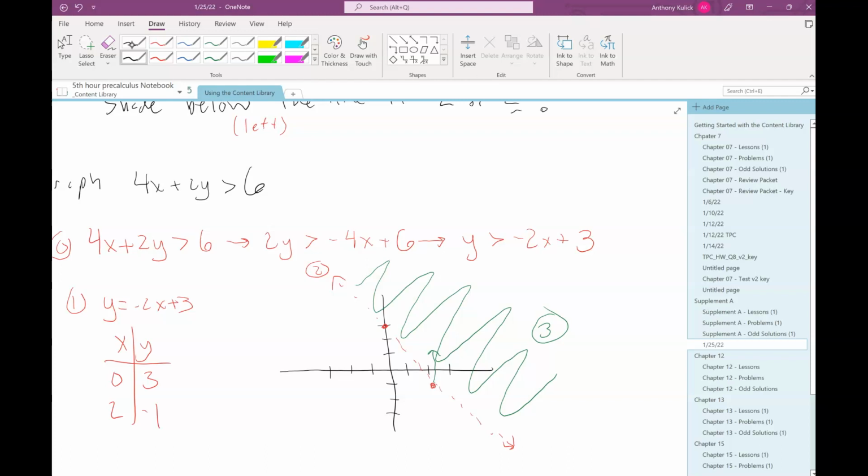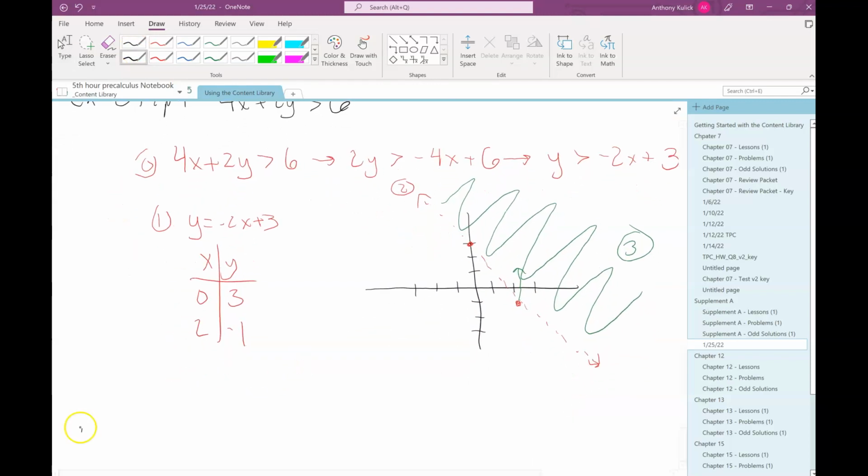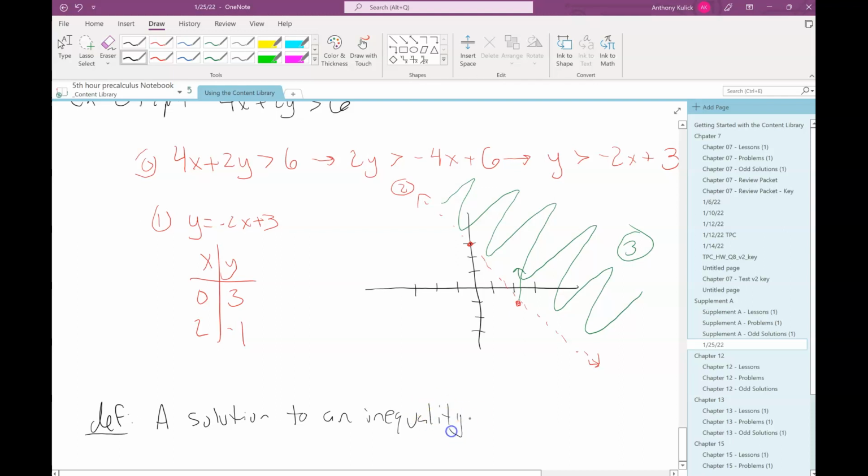Now, how many points represent a solution to this inequality? The answer is infinitely many.